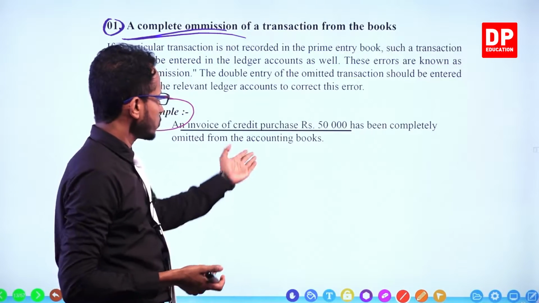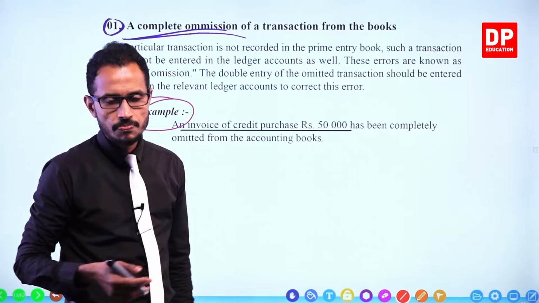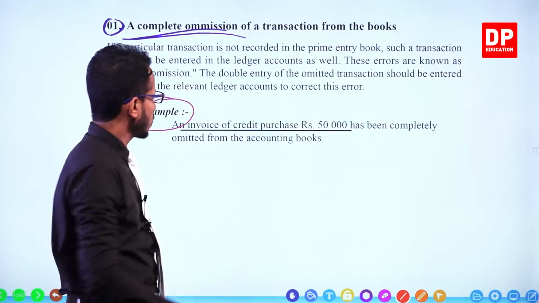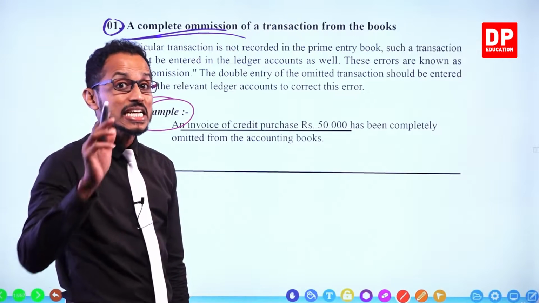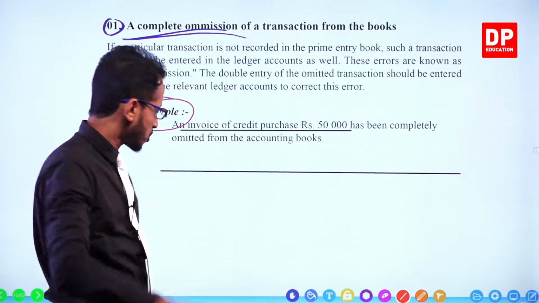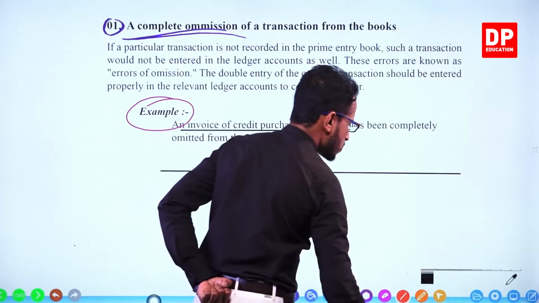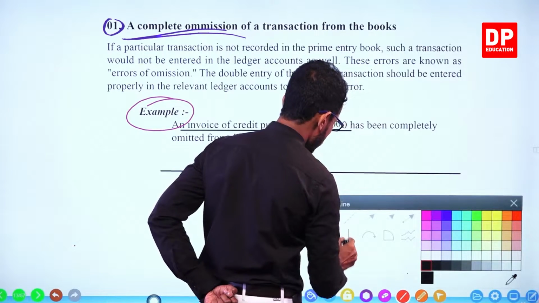Now the error is given to us. What should we do? We are going to correct it. How to correct it? We are going to correct it in the general journal. Why general journal?